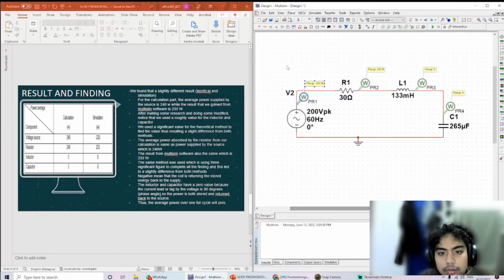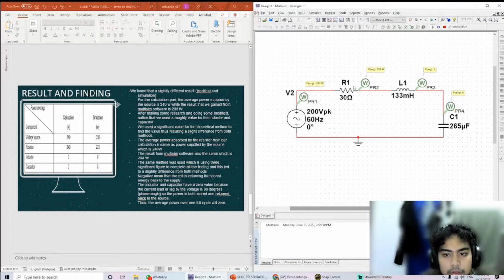Okay, now I will show you the simulation circuit. We are comparing the simulation result and the calculation result. Now we can see the power absorbed for the voltage source is 240, while in simulation we get negative 233, because the current will return back to the power source.